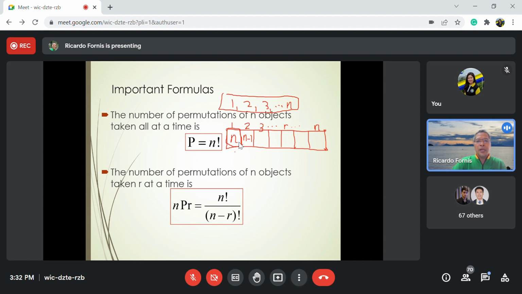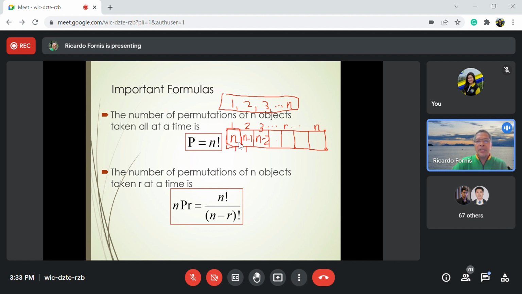Now that 2 objects are taken, because the first is assigned to box number 1 and the other to box number 2, there will be n minus 2 remaining objects that can be assigned to box number 3.